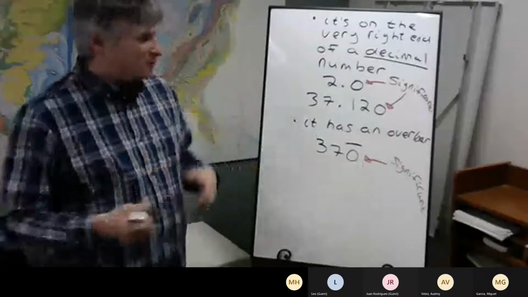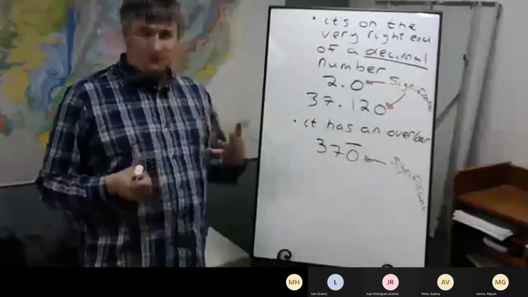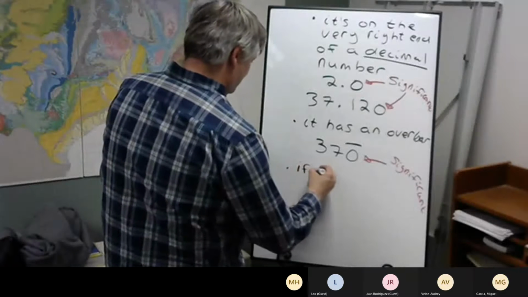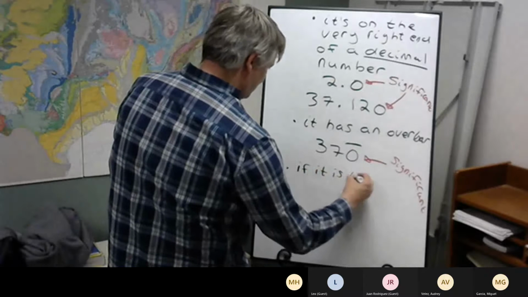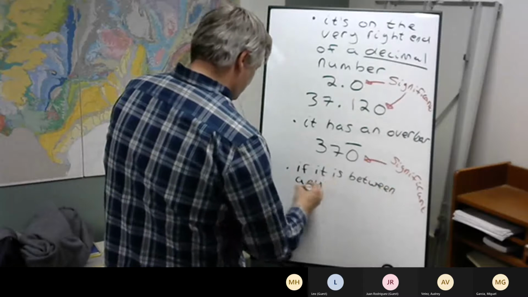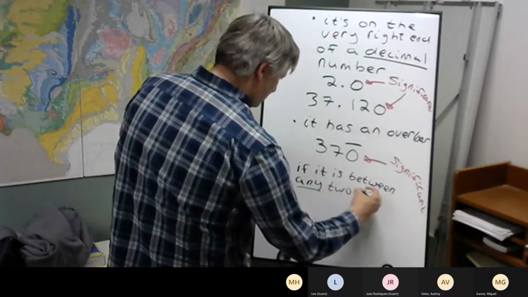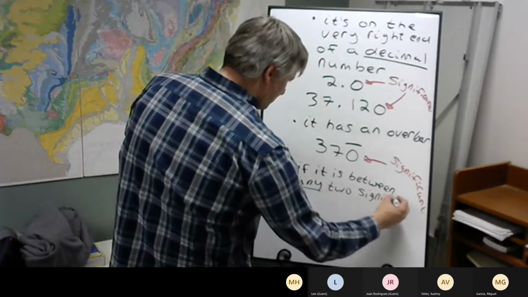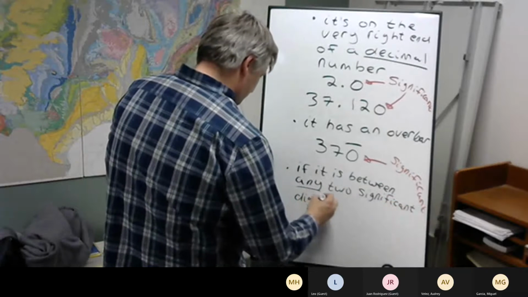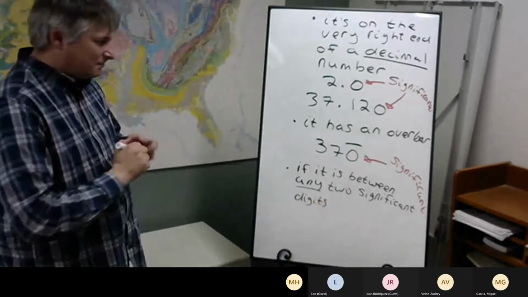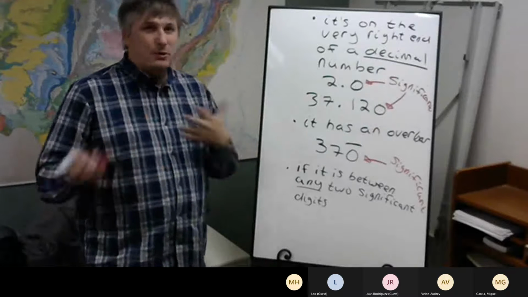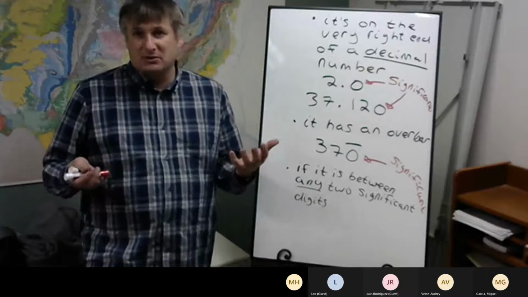Now there's one more I want to mention. It's sort of a play on the first point. So this is similar to the first point. Though the first point, it's okay if it's between any non-zero numbers, zero is going to be significant.